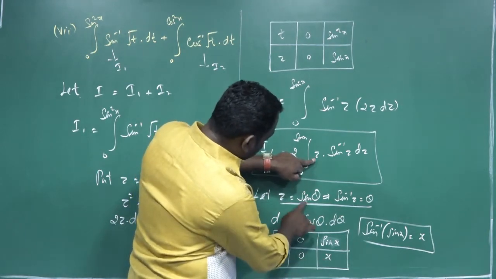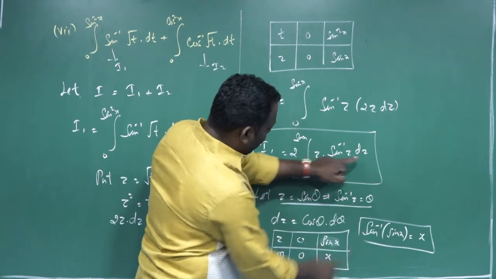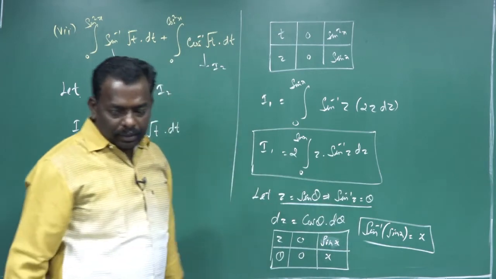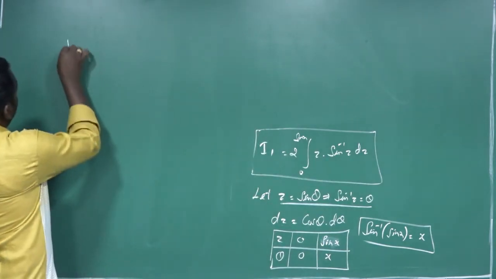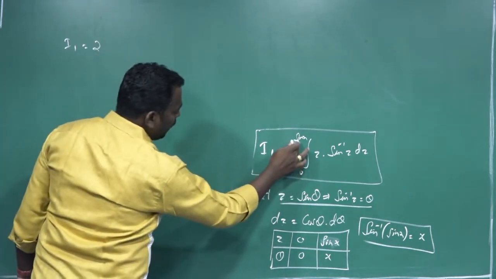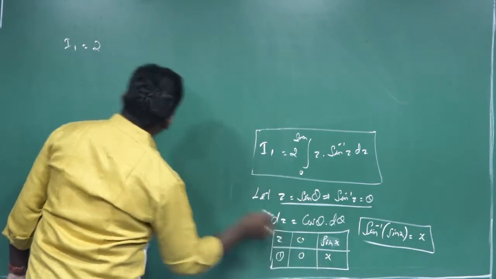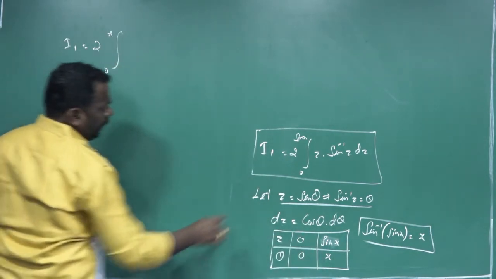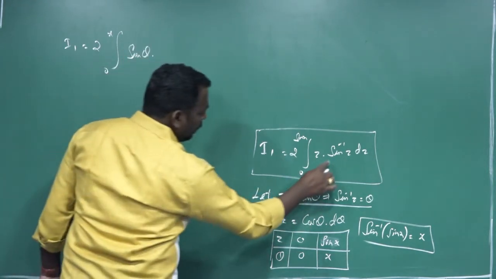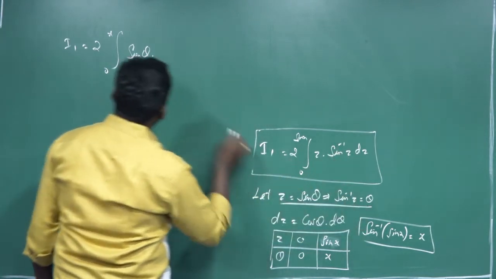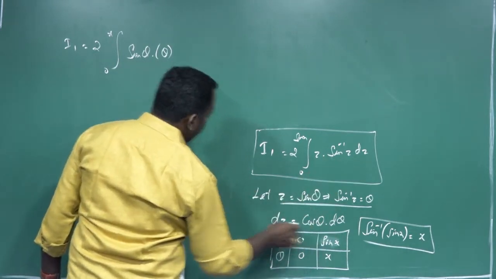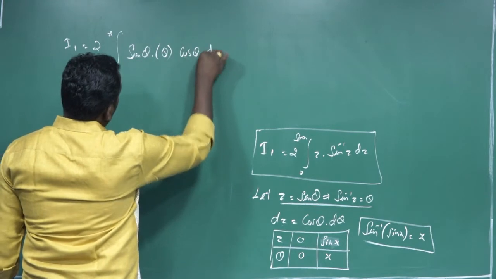Then z is equal to sin theta, sin inverse of z is equal to theta, and dz is equal to cos theta d theta. Replace it all. So the next line: I1 is equal to 2 times the integral from 0 to x, with z equal to sin theta, sin inverse of z equal to theta, and dz equal to cos theta d theta.